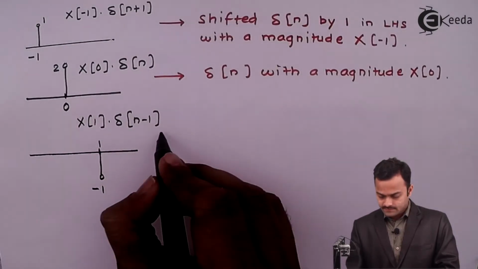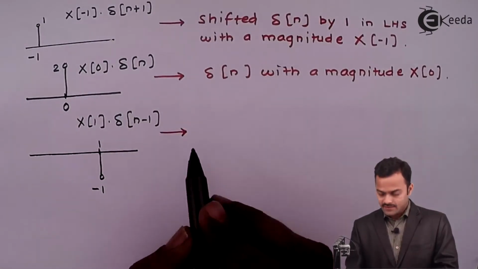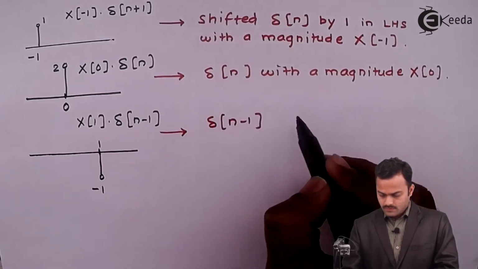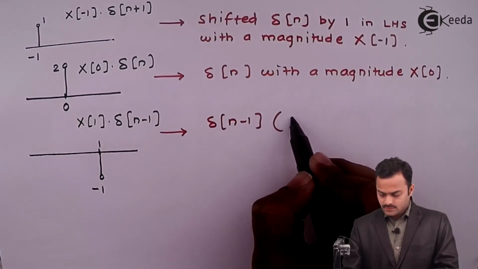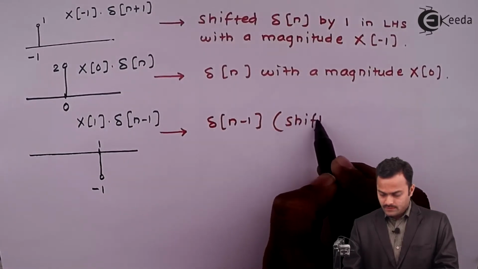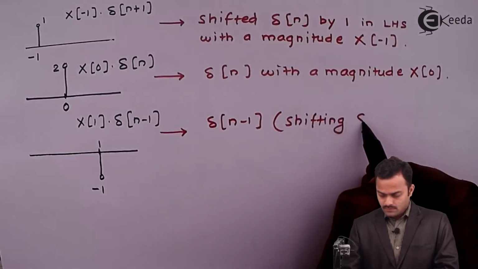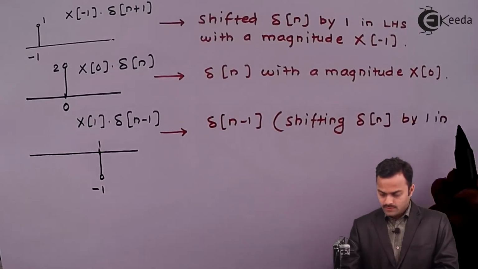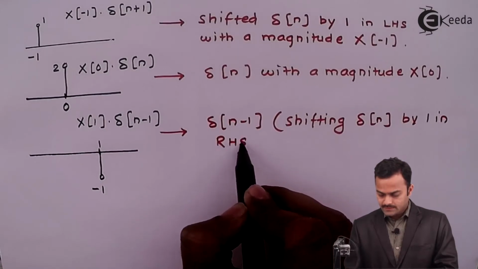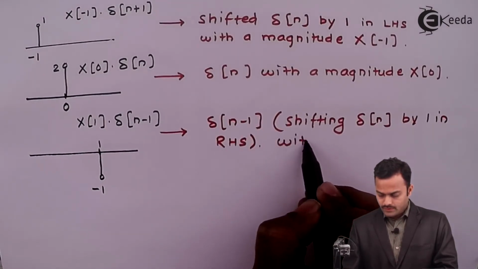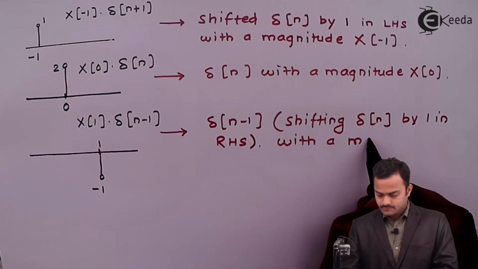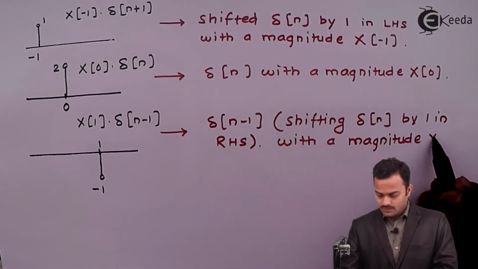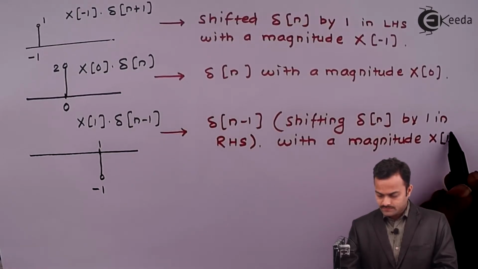So I can say this is also a delta function, which is nothing but shifting delta n by 1 in the right hand side, means it's a delay, with a magnitude decided by x of 1.